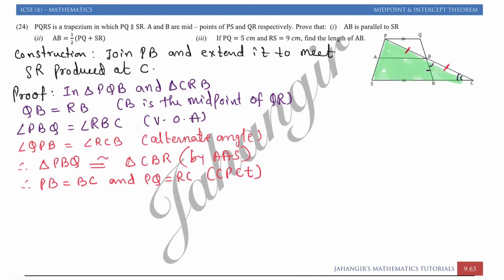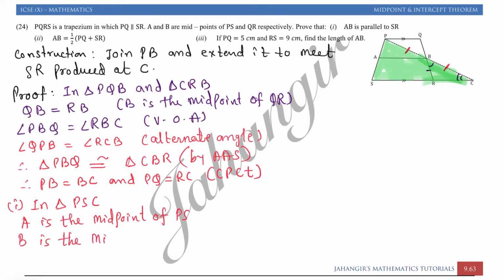In this triangle A is the midpoint, first part in triangle PSC, A is the midpoint of PS, B is the midpoint of PC.